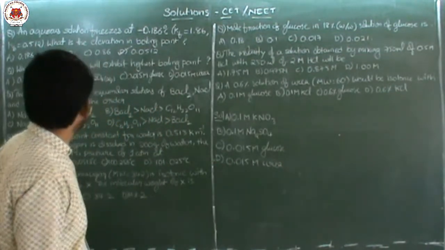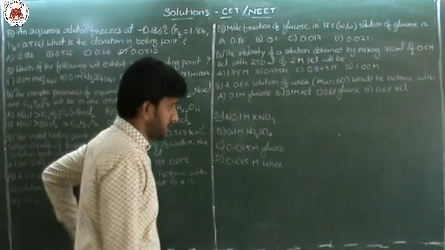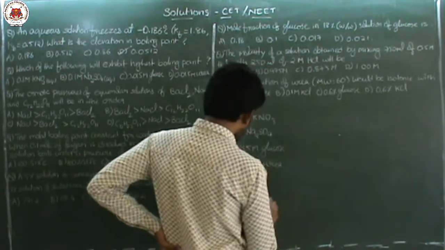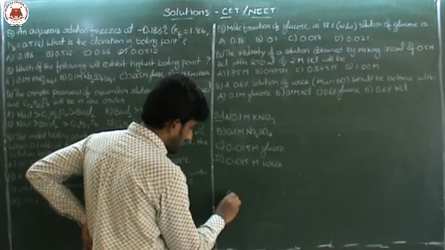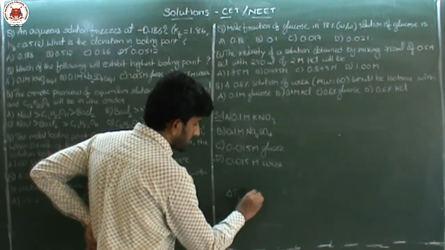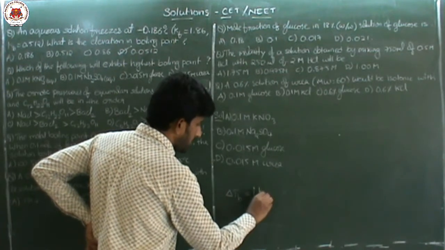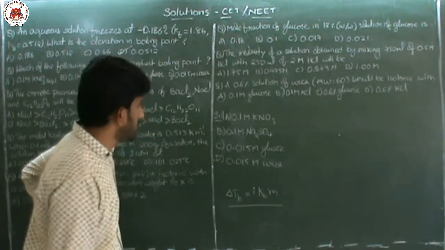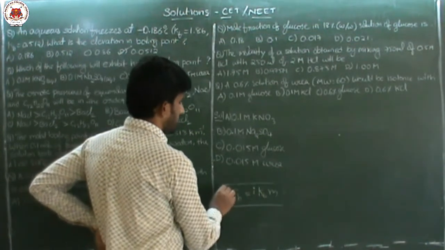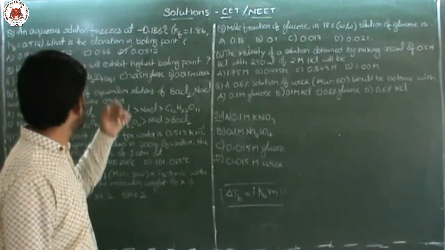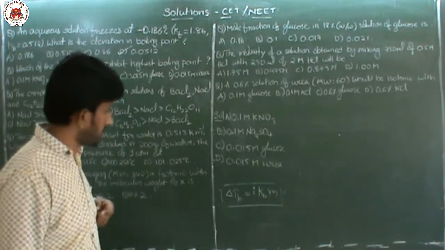They are asking which solution will have the highest boiling point. So you know the delta Tb formula: elevation in the boiling point is equal to i into Kb into molarity. Now they are asking which one will exhibit the highest boiling point.